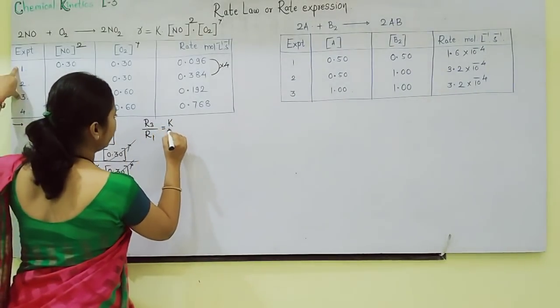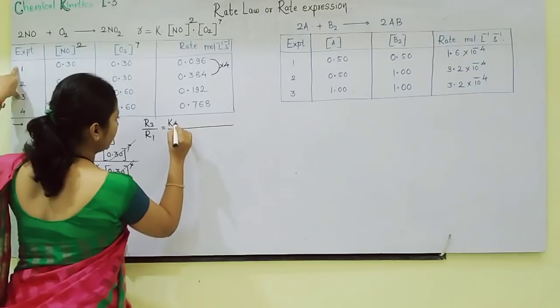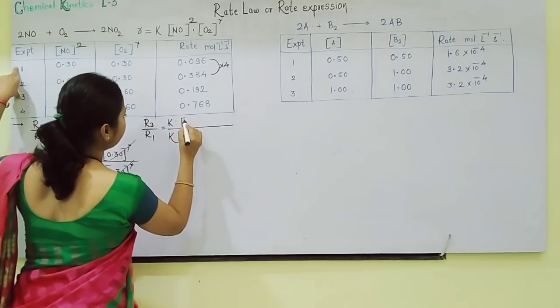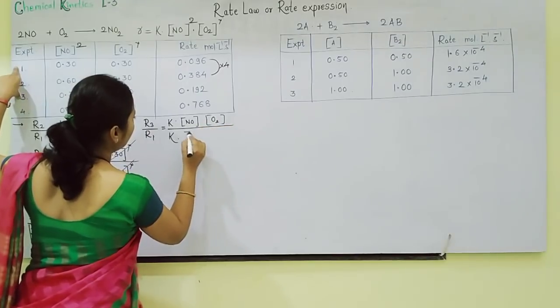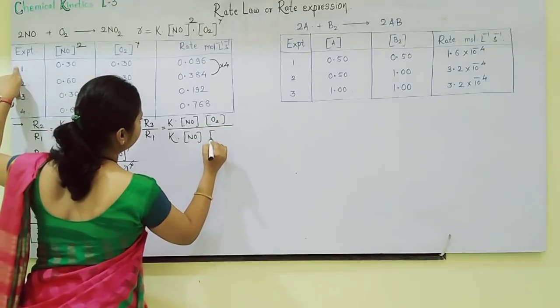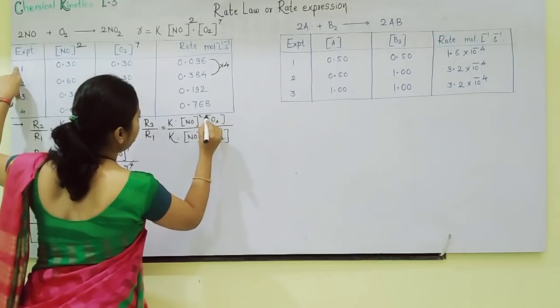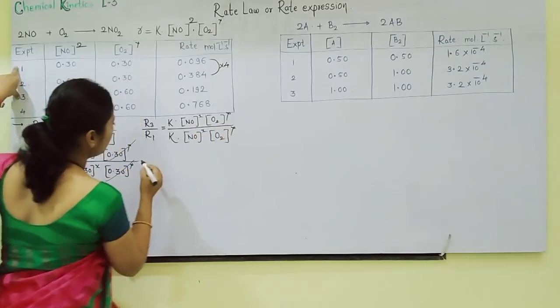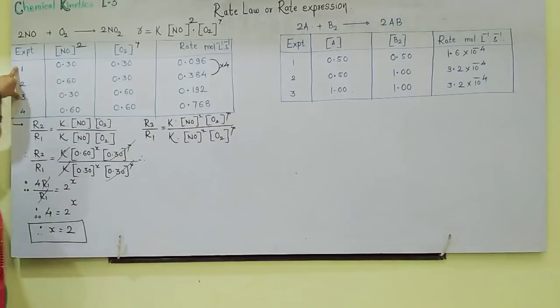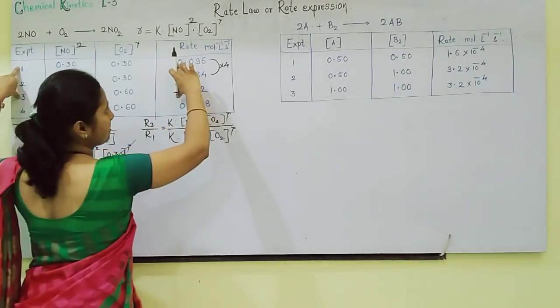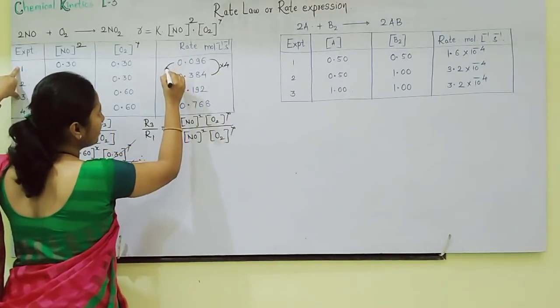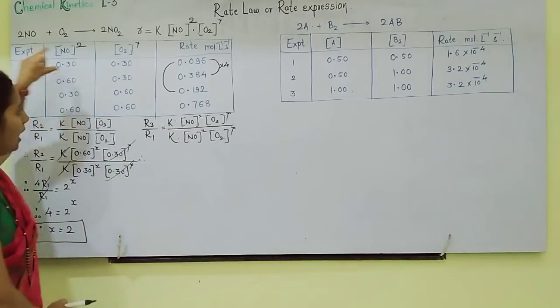comparing. It is equal to, by the rate law, we must multiply by the rate constant K, NO raised to X, O2 raised to Y. Okay, next, R3 and R1 rates, look at the values of the rates of experiments 1 and 3. What can you see? Observe this and tell me.